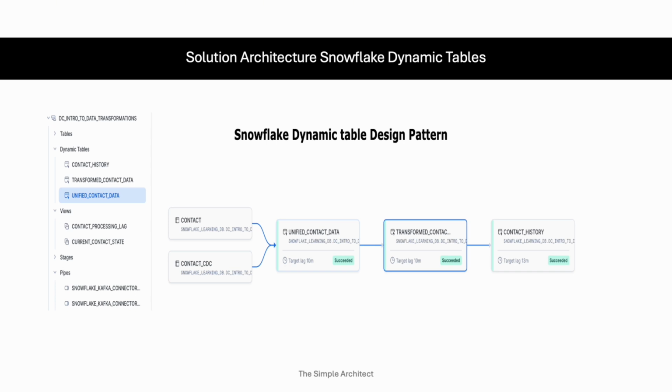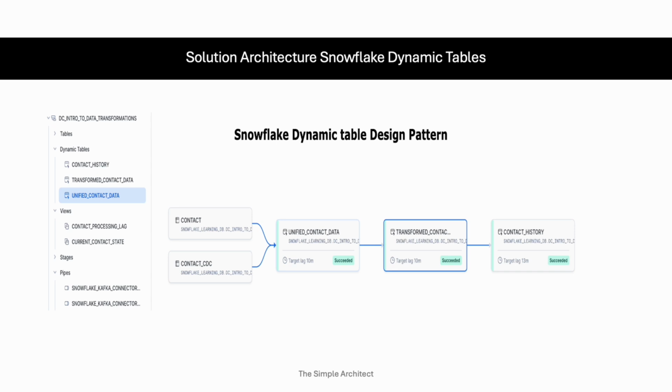And here's how each dynamic table contributes to the overall architecture. Think about this as an assembly line. It works that way. So you have the unified data that combines the snapshot data from the bulk API and the incremental updates from the CDC stream into a single unified data set.